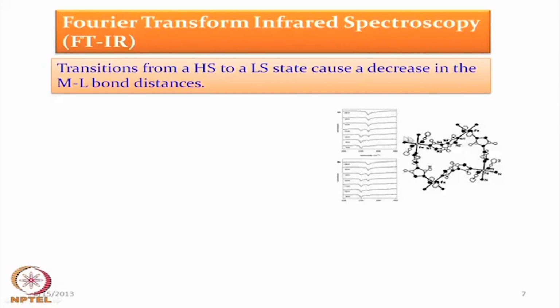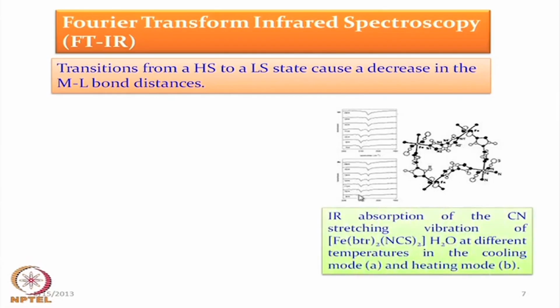So, that is the situation over here, and if we measure and monitor the signal corresponding to the high spin and low spin compound, there will be a change from a high spin to a low spin situation. So here the cyanide groups are attached to this particular iron site, so CN can be monitored from the thiocyanate groups.